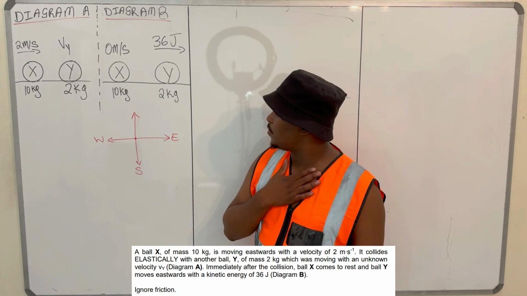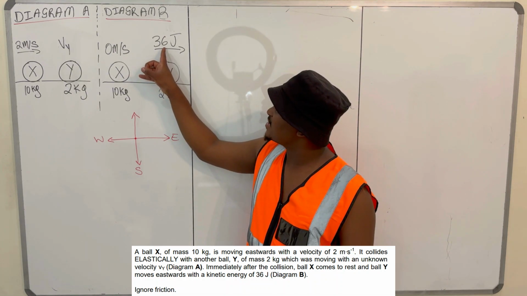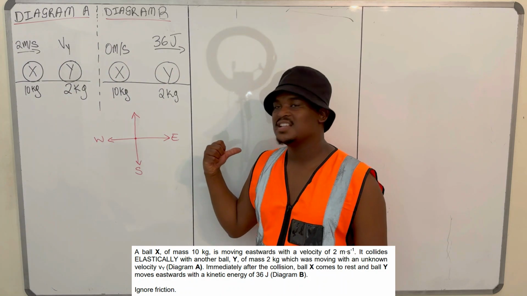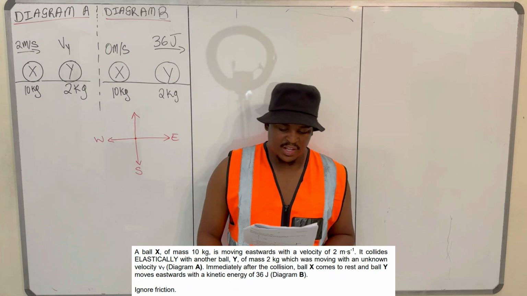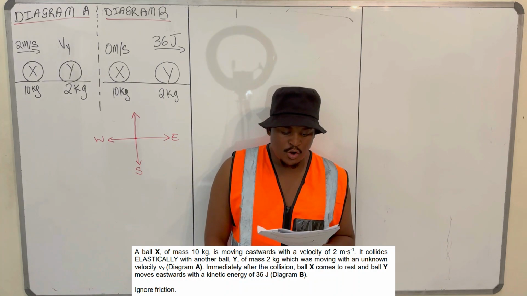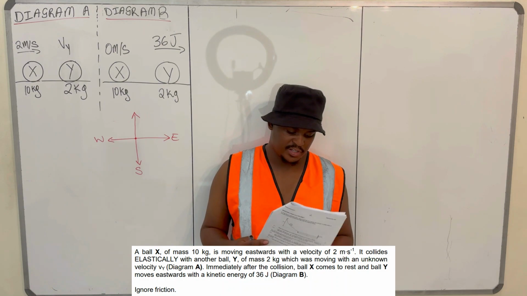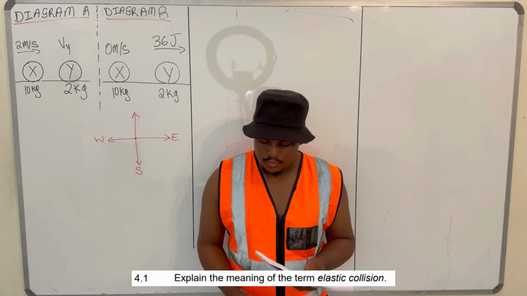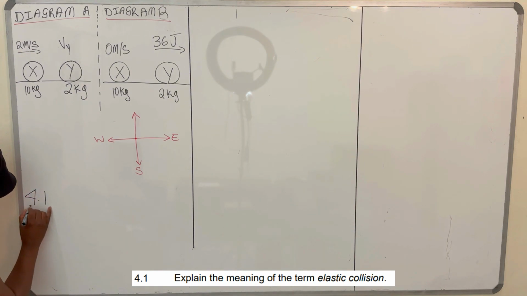I think this is straightforward, because you have this kinetic energy of 36 joules and it's towards the east. No problem. So let's continue. Ignore friction. They say ignore any effects of friction. So go to the first question, which is 4.1.